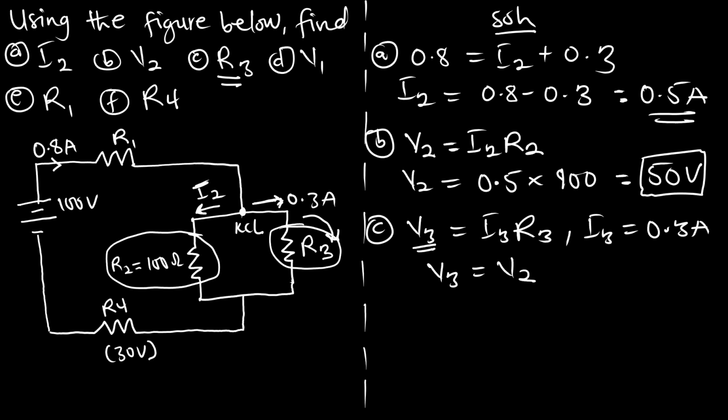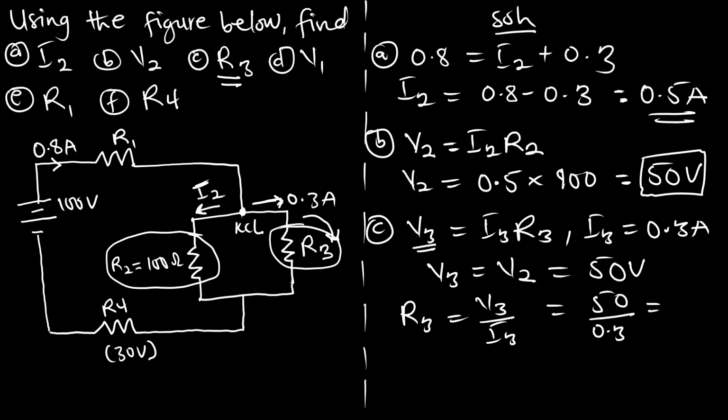So it is equal to the one we calculated, 50 volts. Therefore, our R3 is equal to V3 on I3, which is 50 on 0.3, and that is going to give us a resistance R3 of 166.7 ohms.